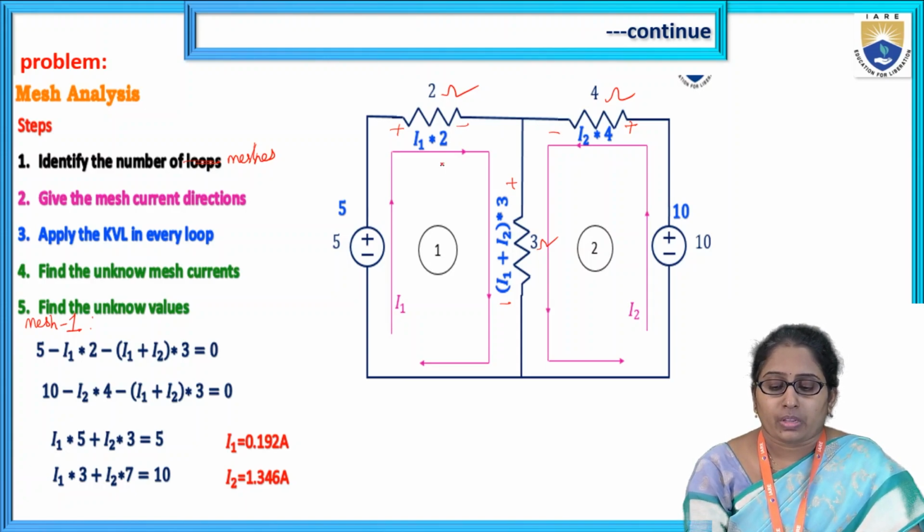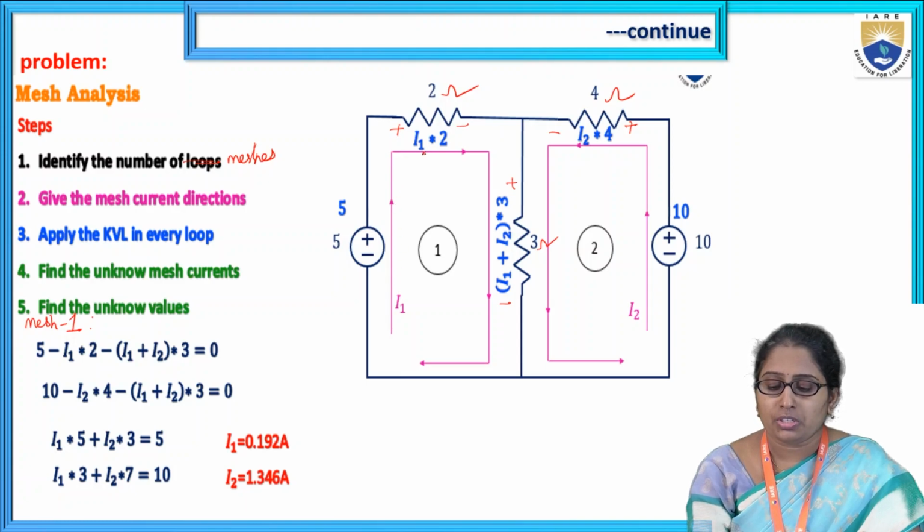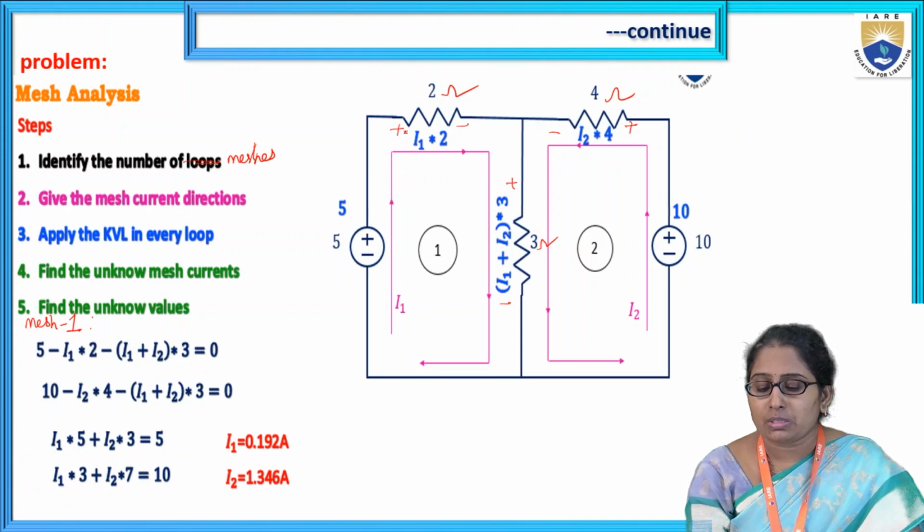In the first equation, mesh 1, we have 5. The next element is the 2 ohm resistor. What is the voltage in the 2 ohm resistor? 2 into the current there, I1, so 2 I1. Is it plus or minus? Your assumed direction I1, going from this terminal to this terminal, is the same as the voltage drop direction.